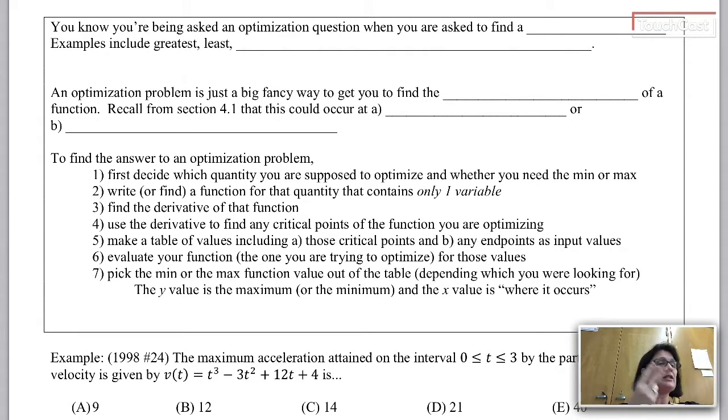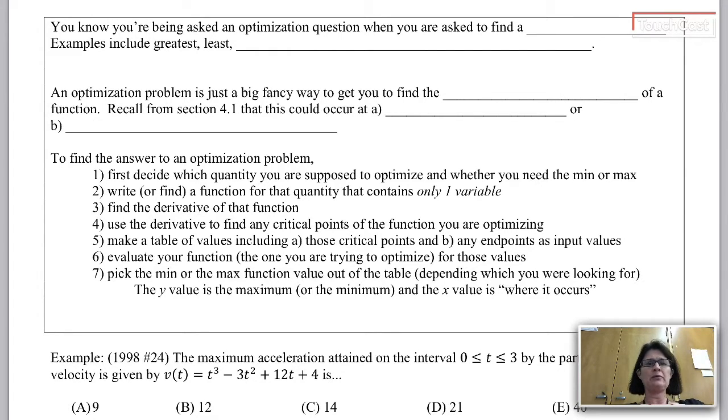So we had two kinds of points to add to our t-chart: the endpoints of the interval, and any local minimum or local maximum. Critical points are where those happen, so places where the first derivative of whatever quantity you were trying to optimize was equal to 0.